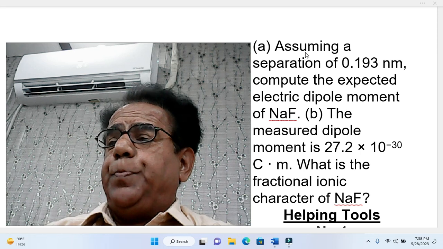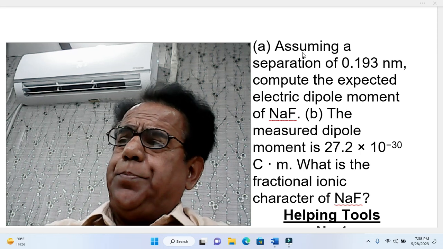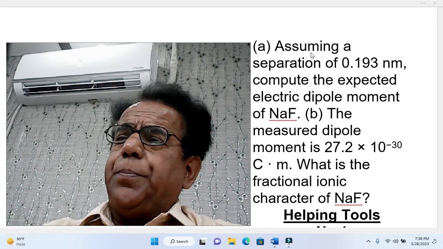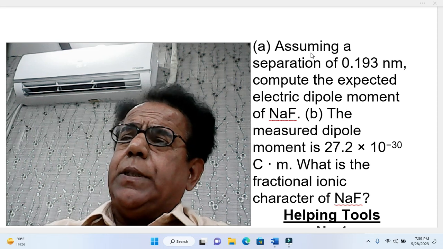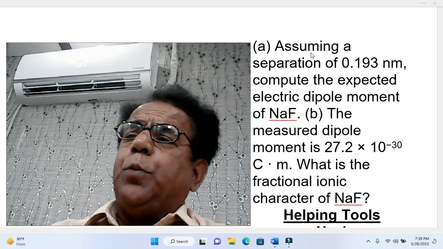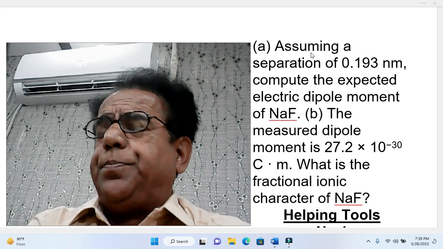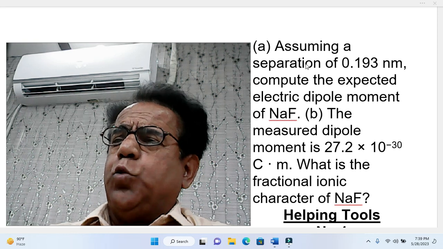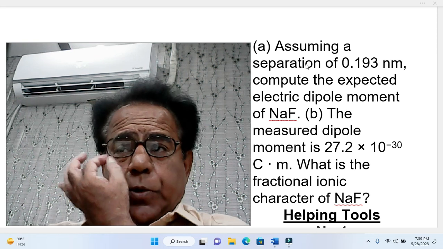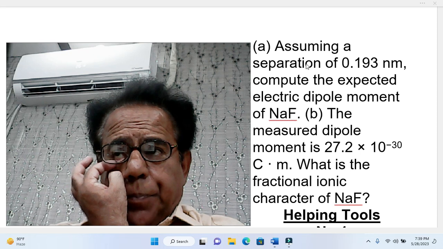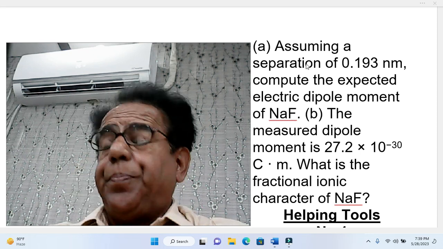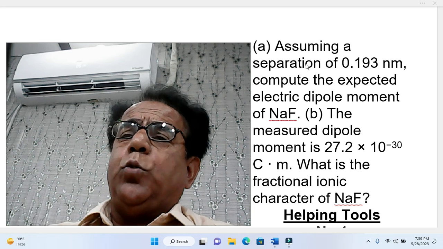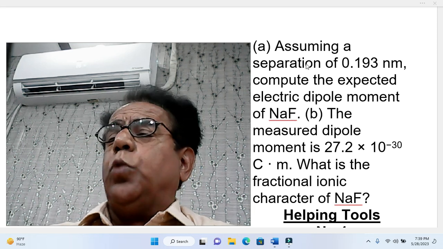Dear students, we will get enough foundation level information from our helping tools. So now we move to our helping tools so that we may be able to solve this problem as suggested by those helping tools.